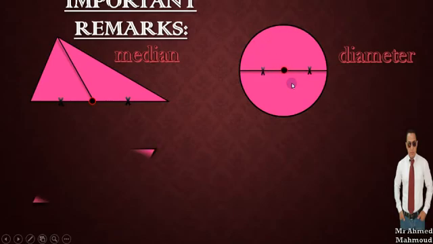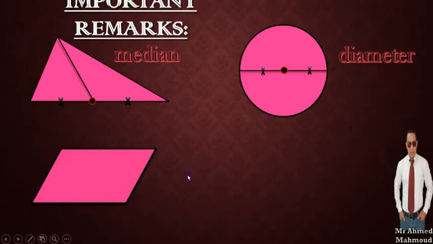The third shape is the parallelogram. The properties of the parallelogram are included inside the rectangle, the square, and the rhombus. We know before that this line is called a diagonal and this line is called a diagonal.